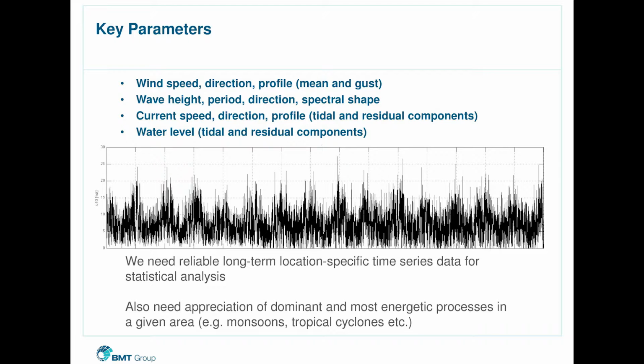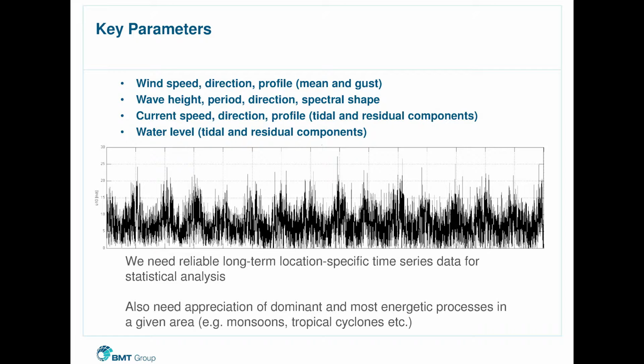We can get at wind speed from Scatterometer, wave height from Altimeter, current speed and direction we can infer something about geostrophic velocity from sea level anomaly from altimetry, and we can get water level from altimetry.